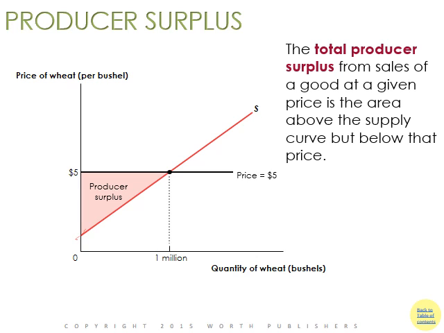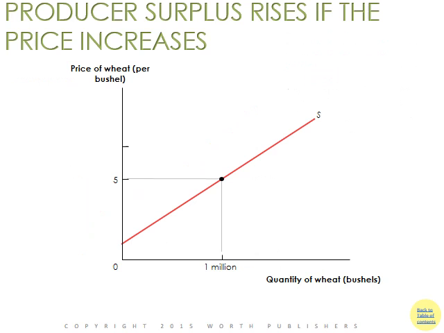So this pink shaded area is going to be producer surplus in our market for wheat. And we can show that producer surplus is going to increase when the price of wheat increases.